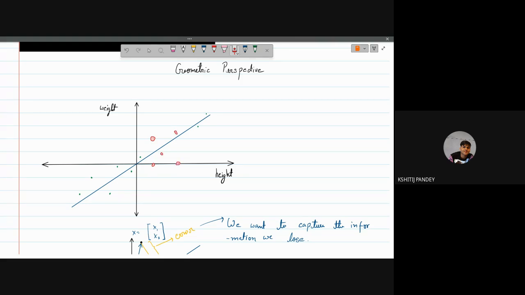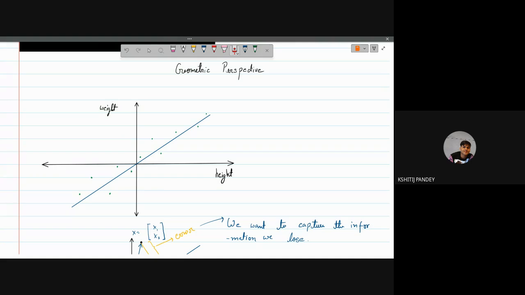So here you will have points measuring the height of your data set. If you take the projection of all the points on the x-axis, it will give you points measuring the height of each data point. Correct?